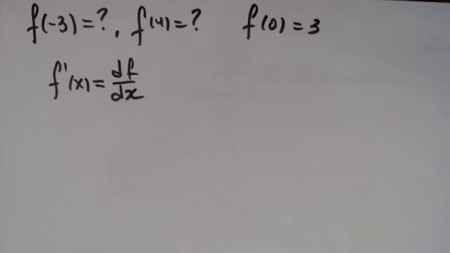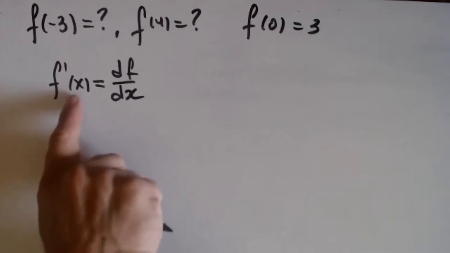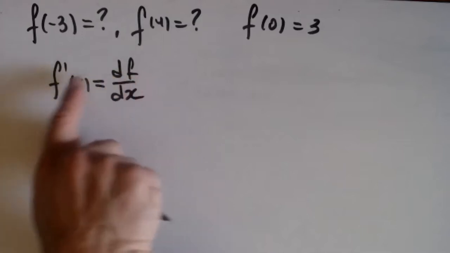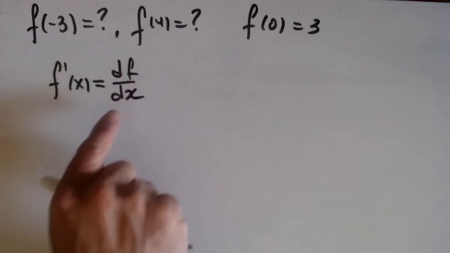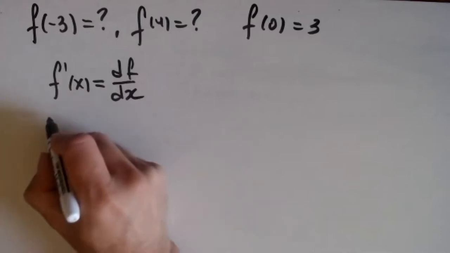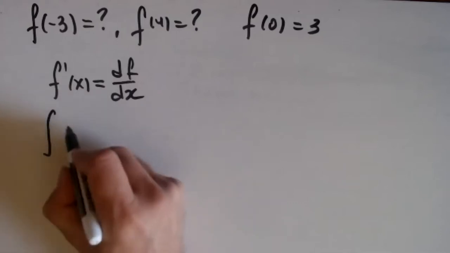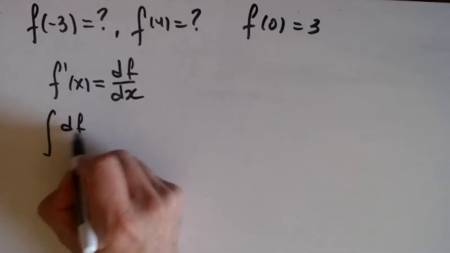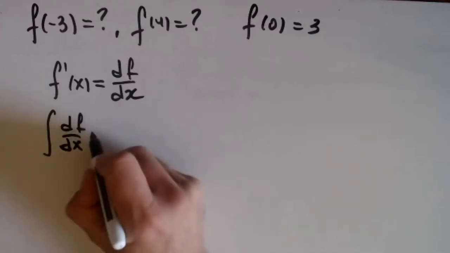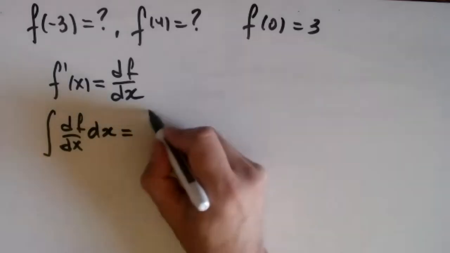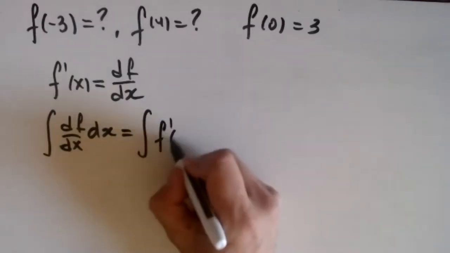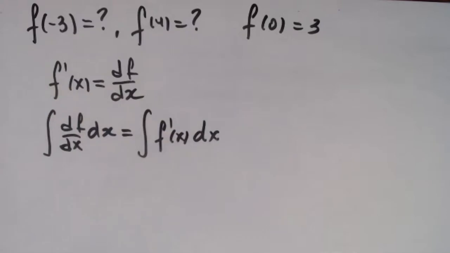Now, this is the equation that relates f prime with f. I need this f, and this f is inside the derivative. So I have to take the integral of df/dx dx, which is the integral of f prime of x dx.